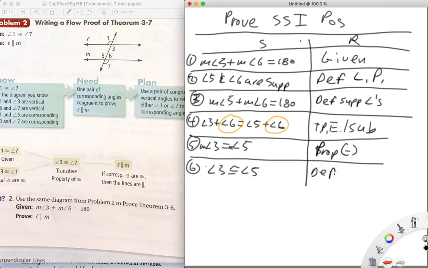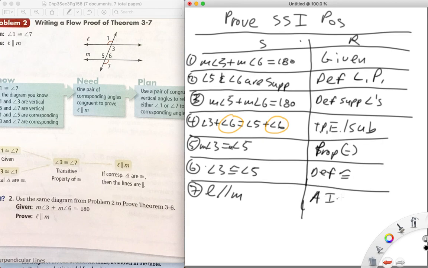Definition of congruency. And then if they are congruent, 3 and 5 are alternating interior angles. So I can say that the two lines are congruent, or I'm sorry, parallel. So L is parallel to M because of the alternating interior angles converse.